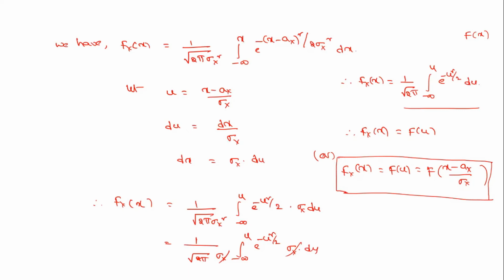The function f of x, which is taken as the normalized Gaussian distribution function, is evaluated by using Q function approximation.